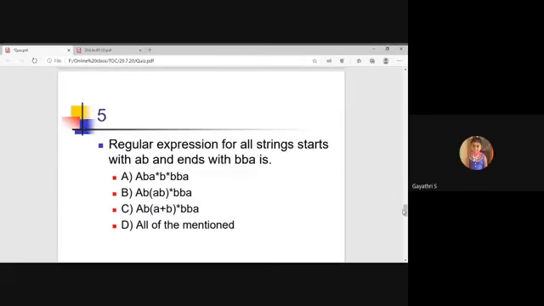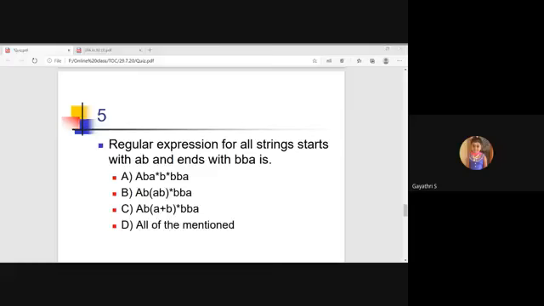And the last one. Regular expression for all strings starting with AB and ending with BBA. Write the regular expression for the language starting with AB and ending with BBA.